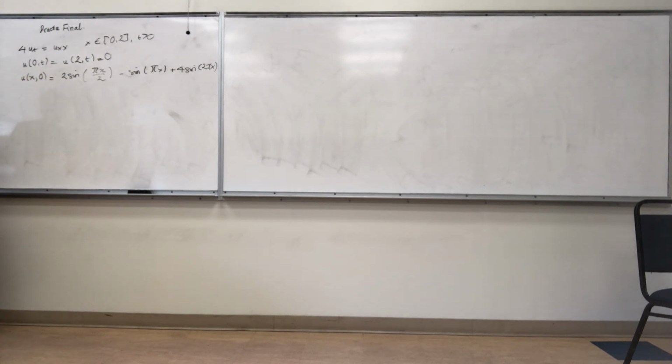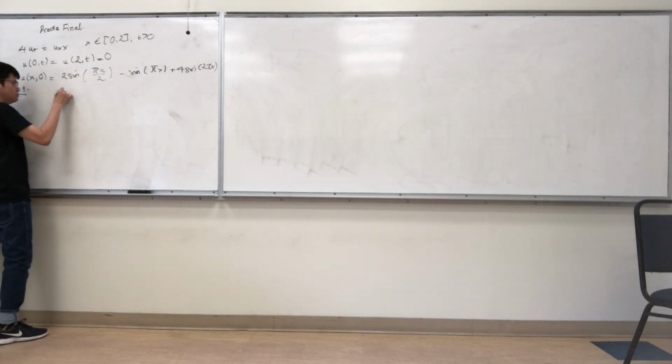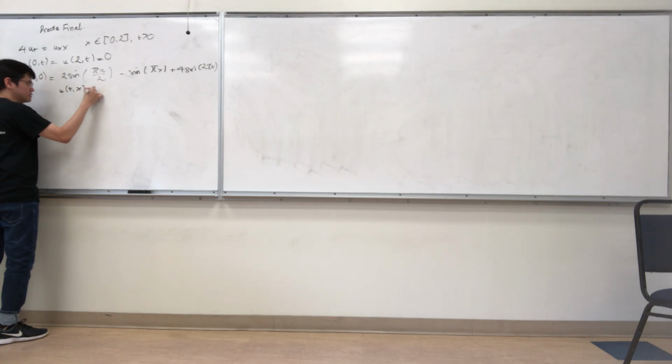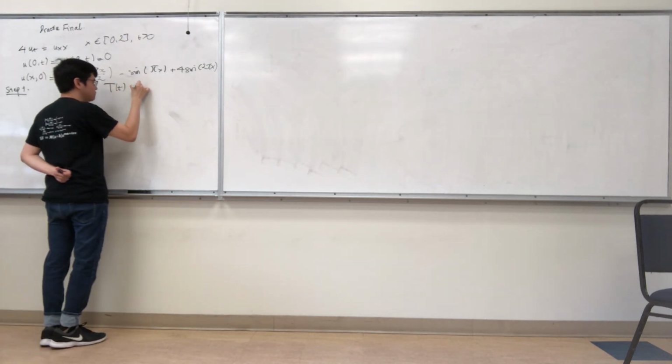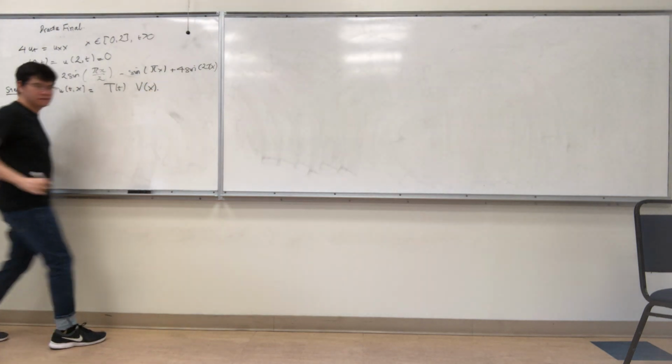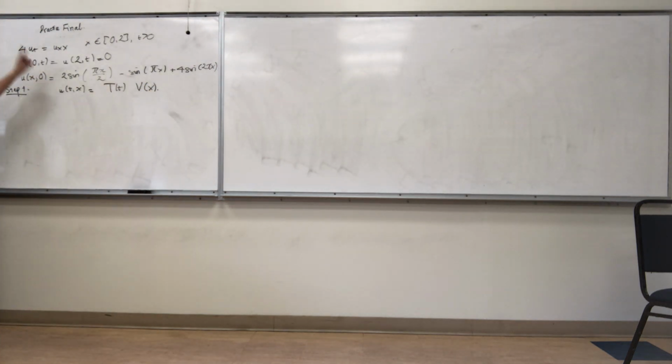So the method will be the following. Step number 1. The method is to use the so-called separable method, in which you suppose that u(t,x) is equal to T(t) times V(x). You substitute this into the equation, and you're going to have two equations.